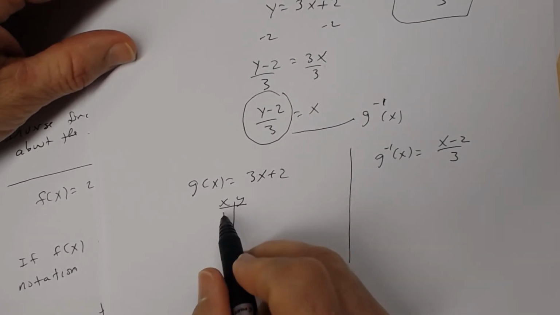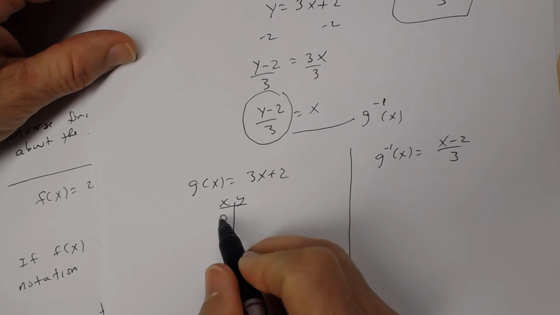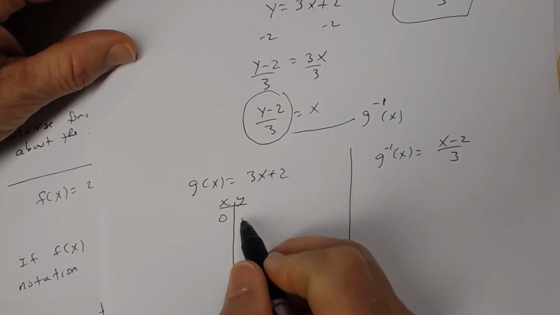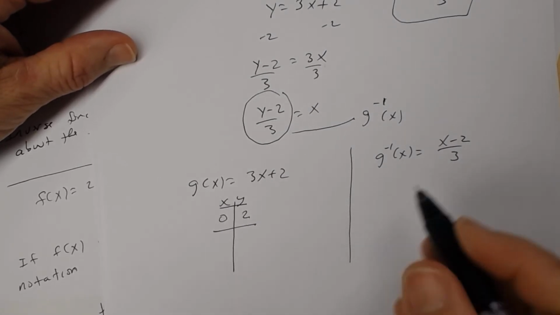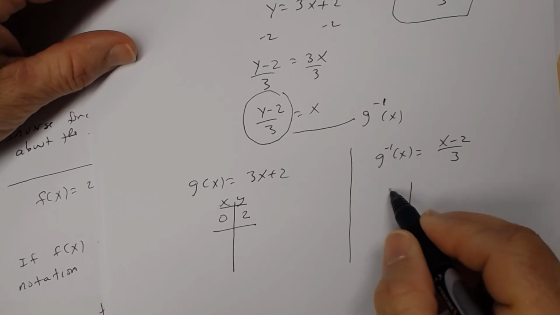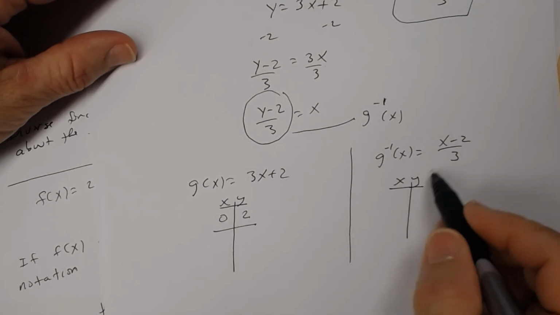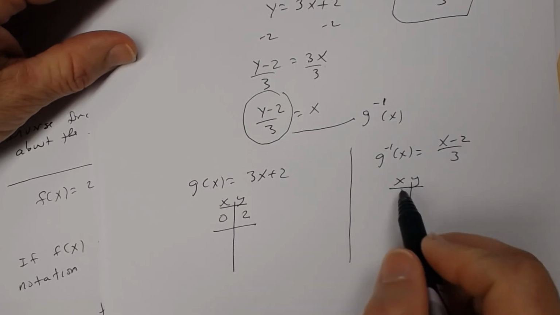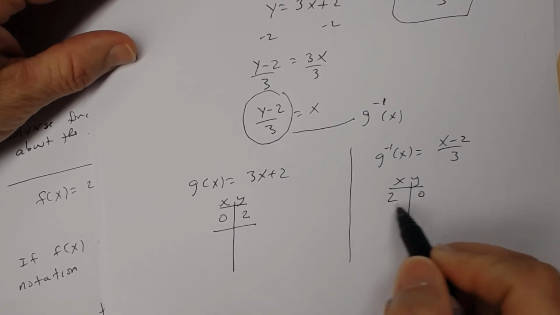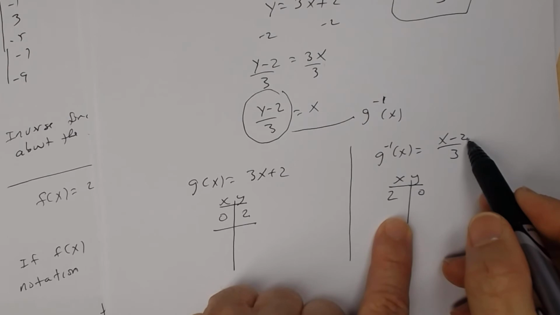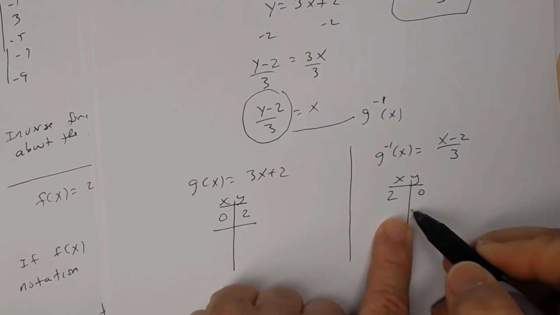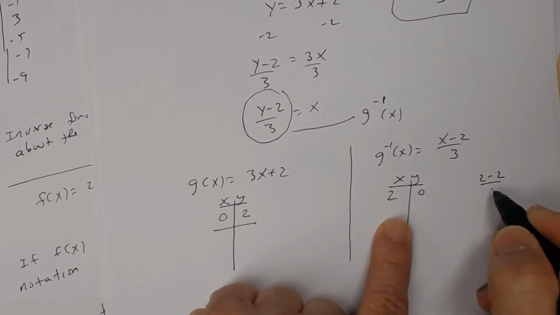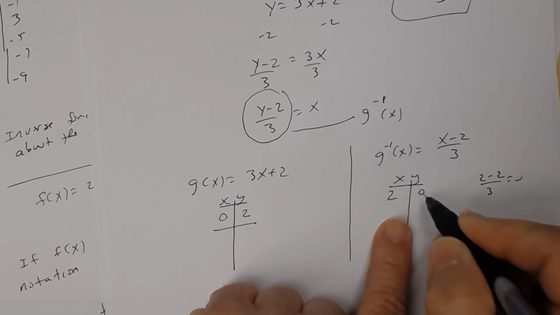When x is 0, I get 3 times 0 plus 2, which is 2. Remember, these are inverses, so 0 becomes 2, and 2 better become 0. Let's check. 2 minus 2 is 0. 0 divided by 3 is 0. And that's what I get.